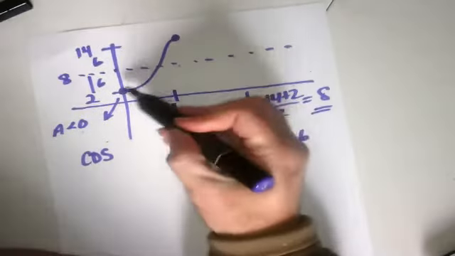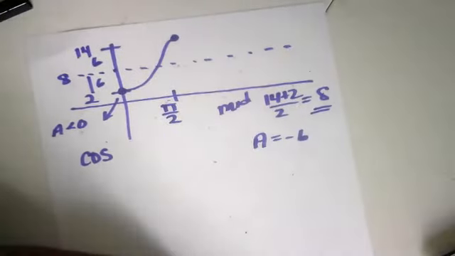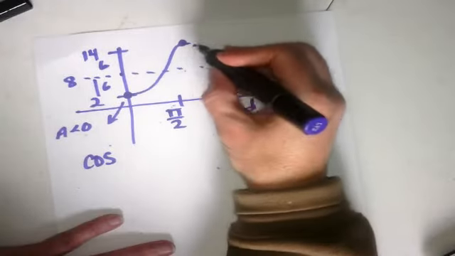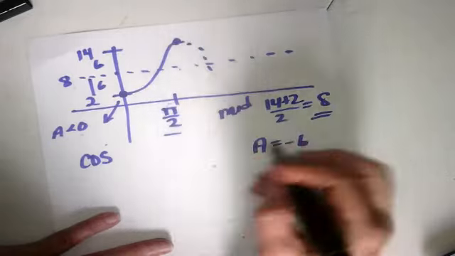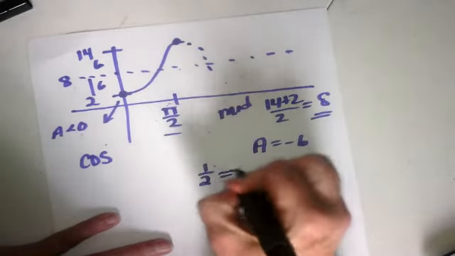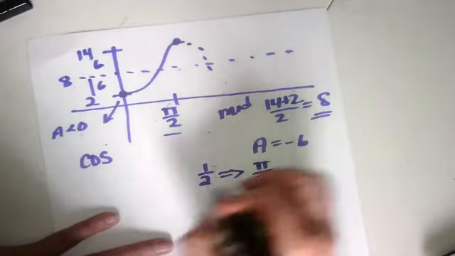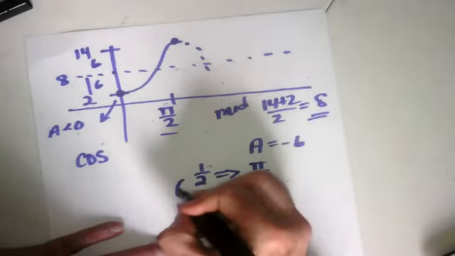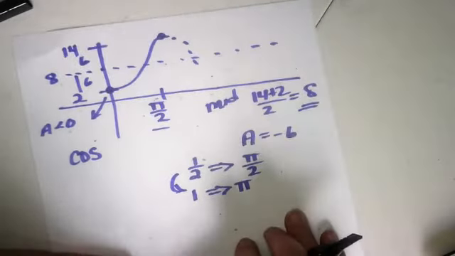So this is only half of a cosine curve. You can either finish it to figure out what that is, but if half a cosine curve is pi over 2, then one cosine curve, we have to times by 2, would be pi.